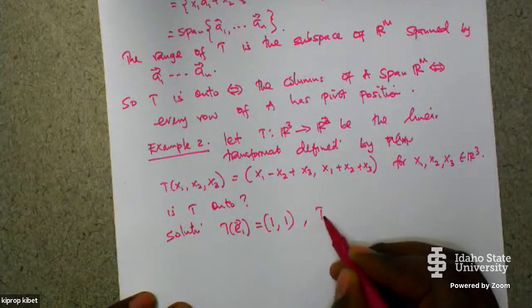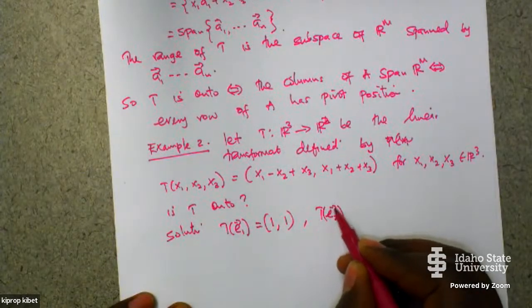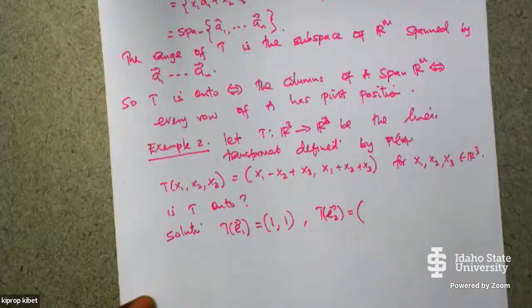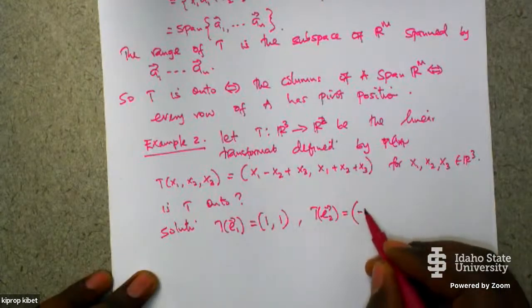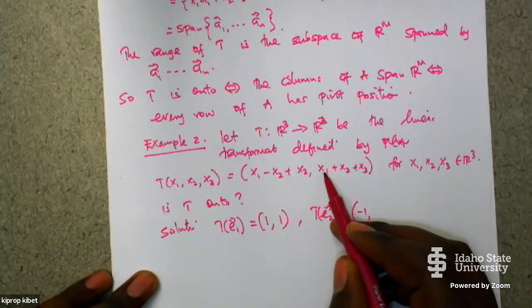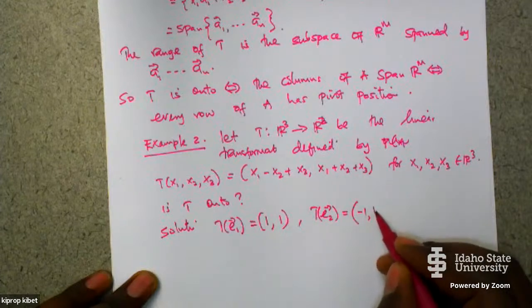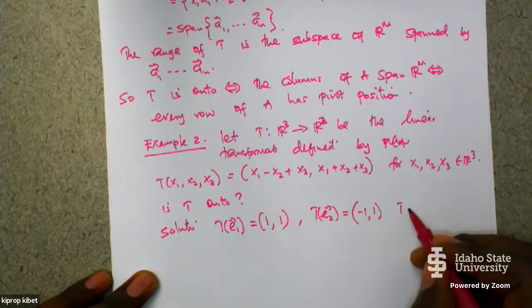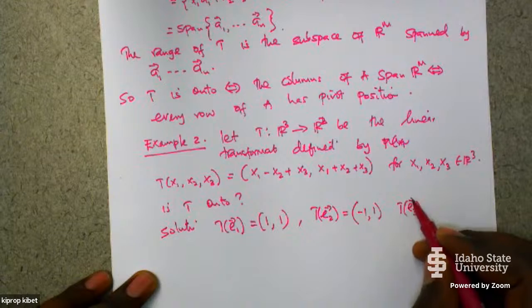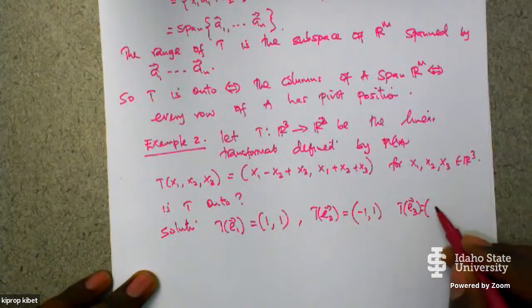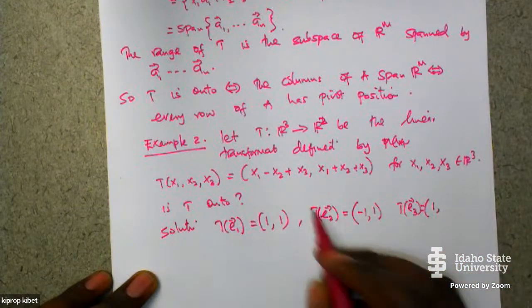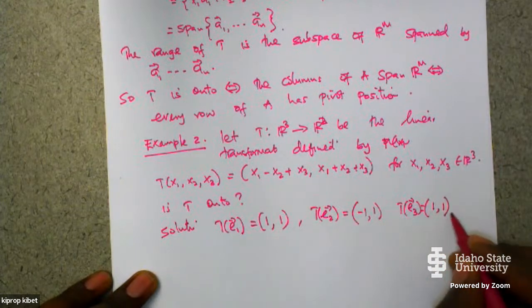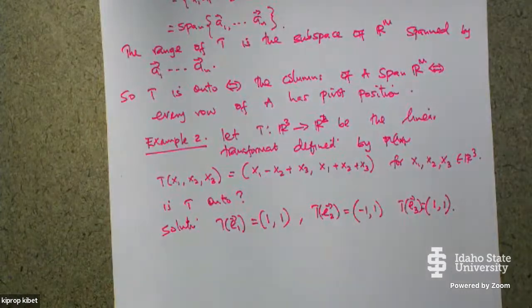T of e2, all the others are zeros and x2 is 1, so this is negative 1, and this is 1. And then T of e3, all the others are zeros and x3 is 1, so this is 1, and this is 1.